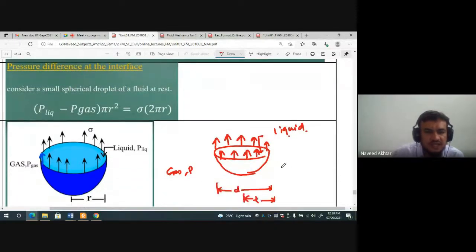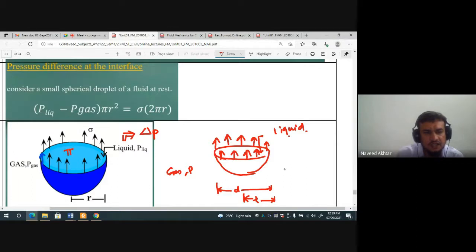So here we were seeing that the pressure inside the liquid is dependent on the cohesion forces. It depends on the free liquid surface. Okay, so the pressure difference we write as delta P, and this is the area.